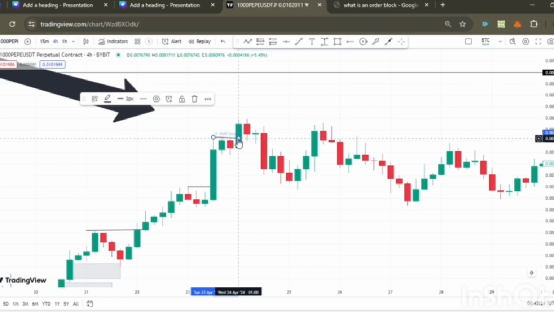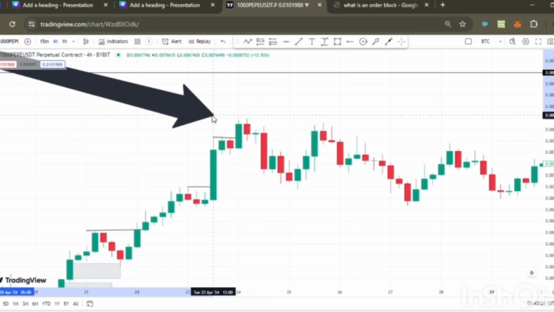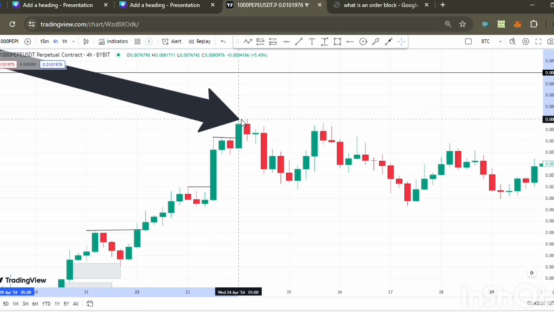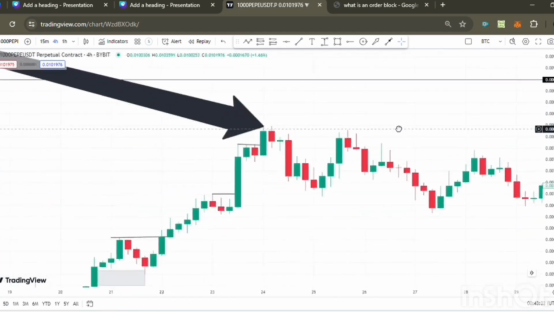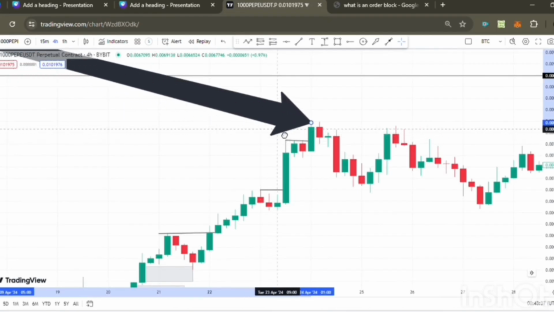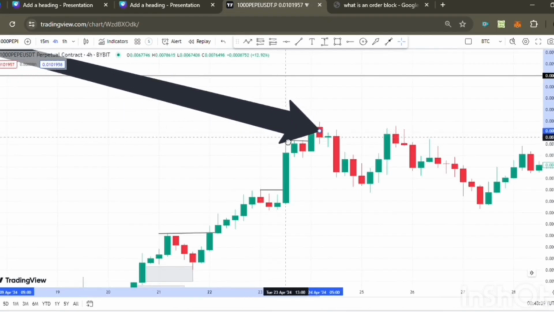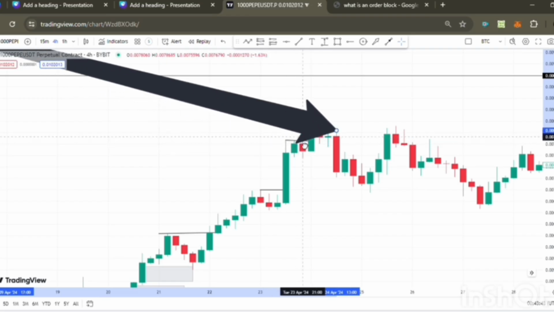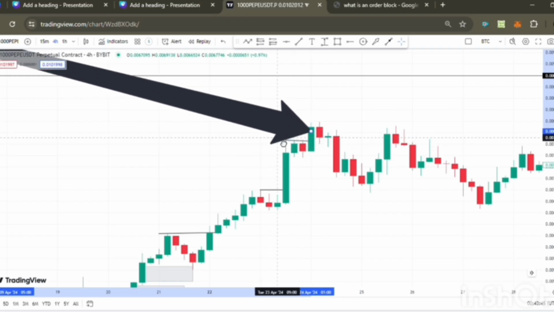All right. So it gets to this point. This is where we have what? This is where we have a minor supply zone, and this is where we now have another order block, as you can see here, in case of a bearish scenario.